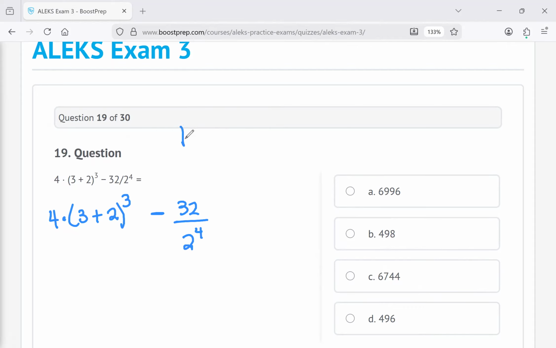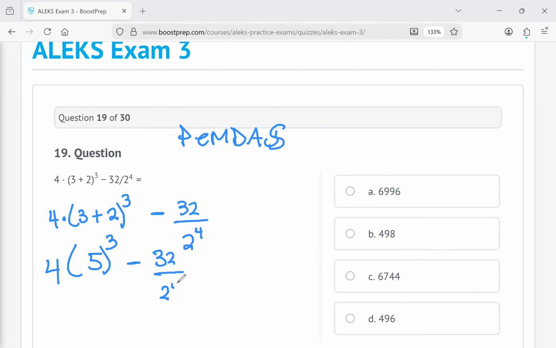So what you've got to do is use order of operations, PEMDAS. Start with our parentheses. Do we have parentheses? Yes. So do the parentheses first. So what's 3 plus 2? 5. And then what you do is bring down what you haven't done. Just do not do it all in your head. Do it one at a time, right?